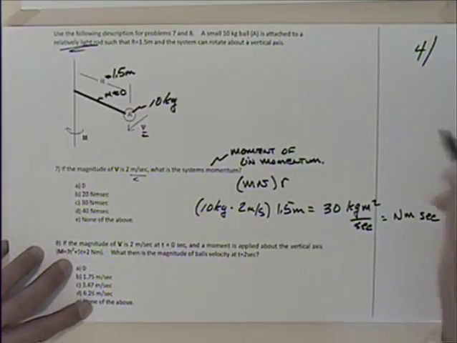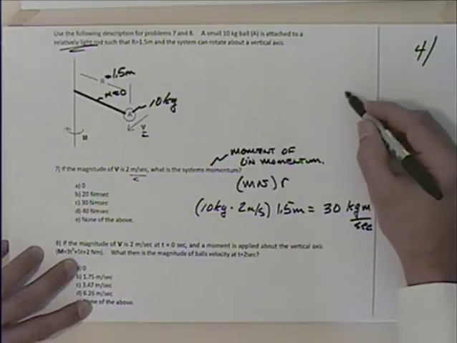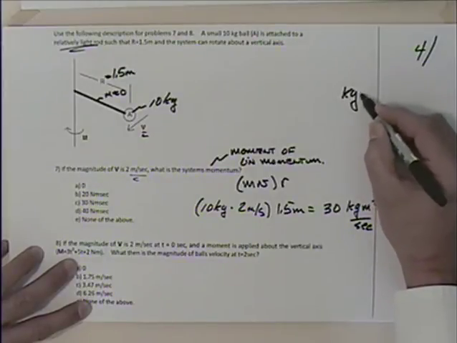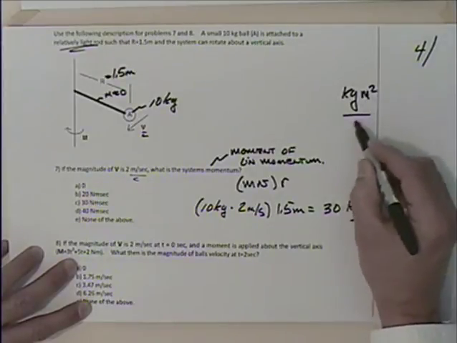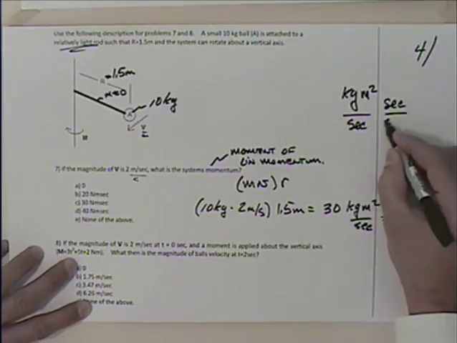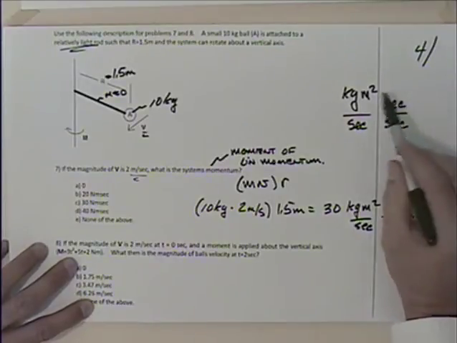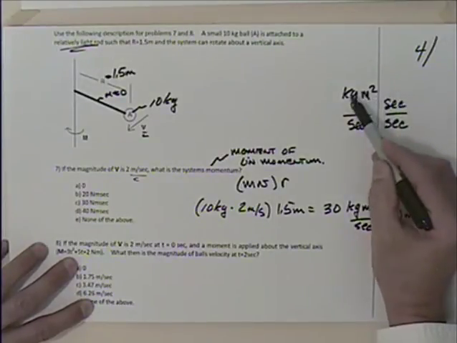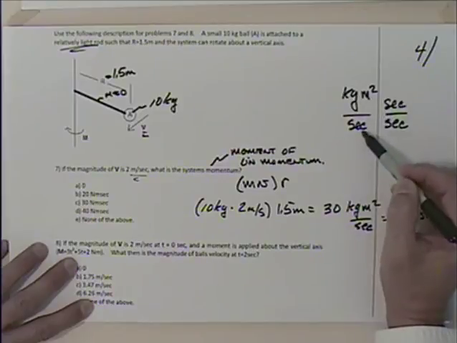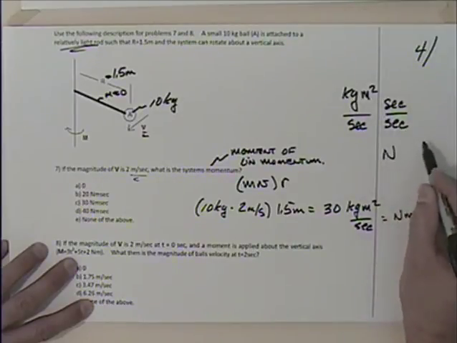Is that fair enough? Yeah. If I take the kilogram meter squared per second, and I multiply by second over second, you can always multiply by 1, right? I've just multiplied by an odd-looking 1. So now I have a kilogram times a meter over a second squared. So that would be a newton, wouldn't it?